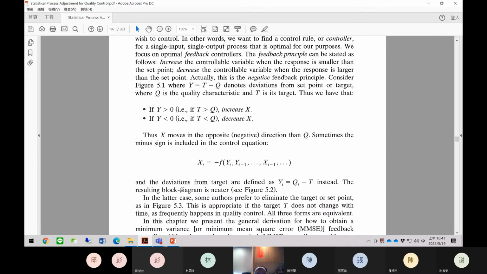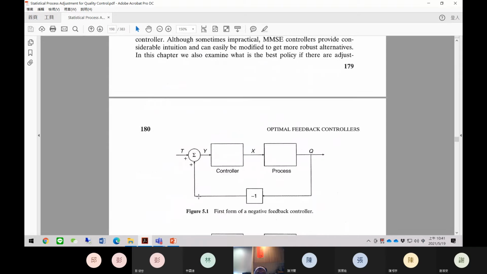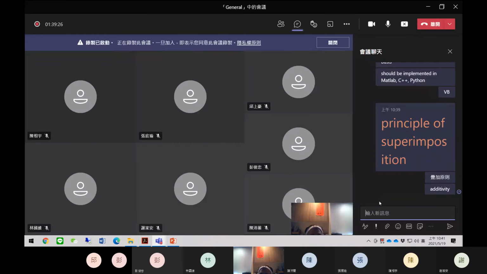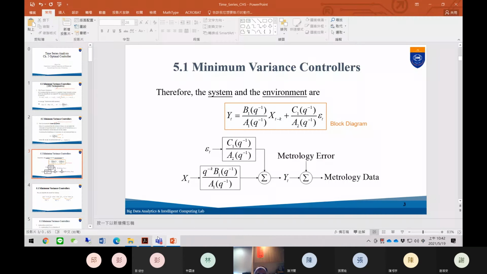So the resulting block diagram is neat. See the figure like this. So this is a controller. The previous controller. So this is the X, called the process plant. P-L-A-N-T, plant. I'm sorry, not this one.